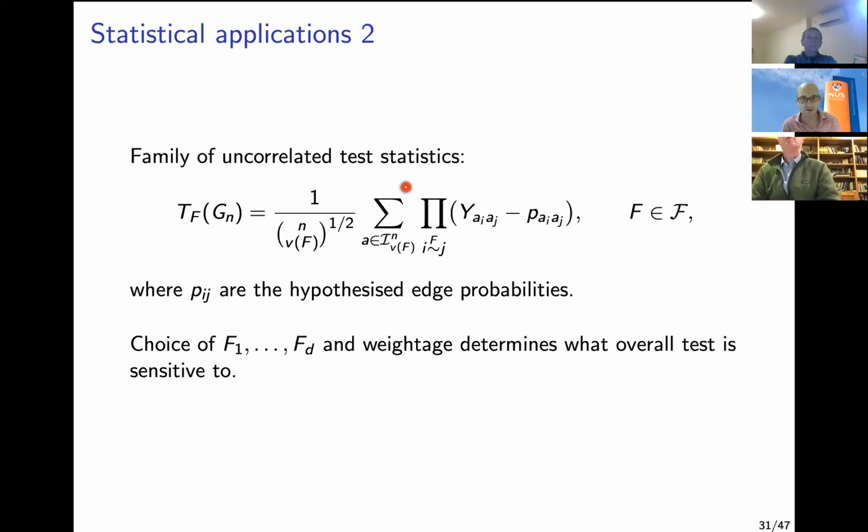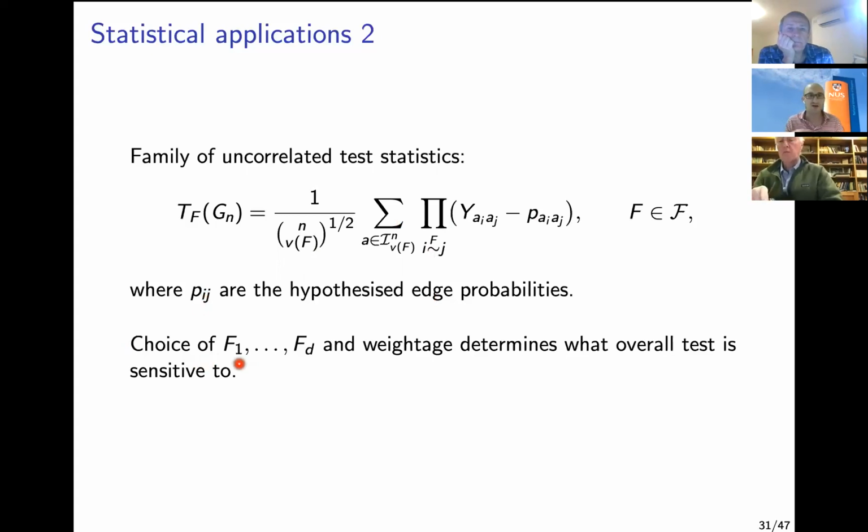The weight function here we can just set to 1, because we're interested in an overall test across the whole network. There is no reason a priori to have weighted sums. So we have these ordered sums, this scaling, and these centered subgraph statistics, where the p_ij are just the hypothesized edge probabilities between vertex i and vertex j. You need that in order to evaluate this.